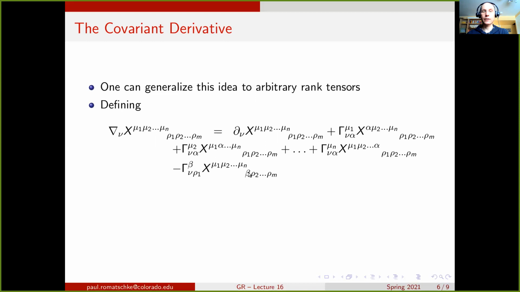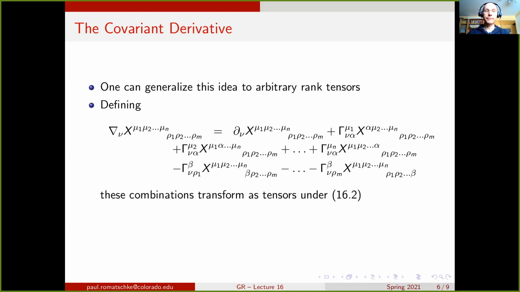The upstairs index now is the one that's contracted with the position of the downstairs index in the arbitrary rank tensor that we replace. And one of the downstairs indices carries the particular index that we are replacing. So this is the first one, second one, and so on until the last one that we had to replace here. So that is our definition of the covariant derivative for a rank n tensor.